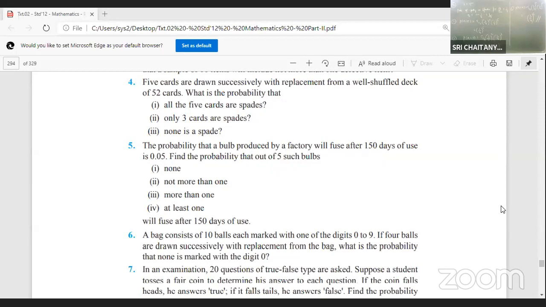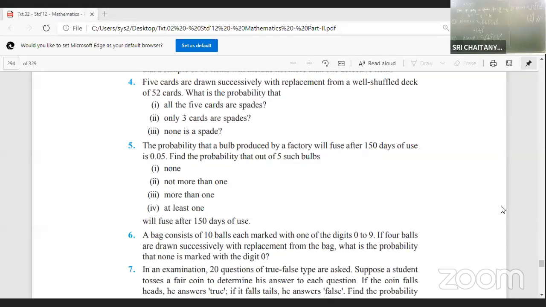I am going to give you the hint for the fifth problem. N value is equal to 5. P value is equal to 0.05. Q value is equal to 0.95, because 1 minus 0.05 is equal to 0.95.